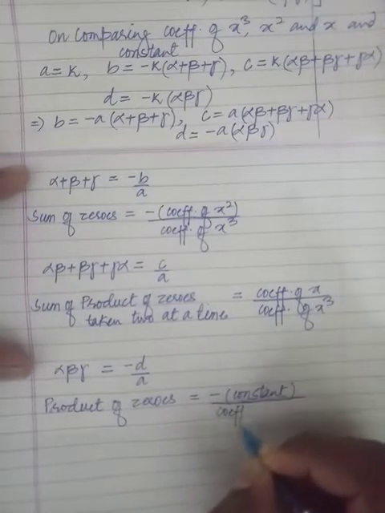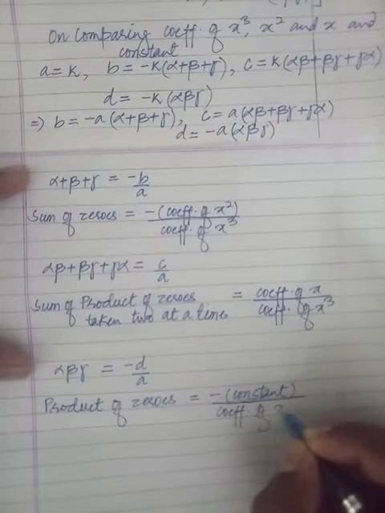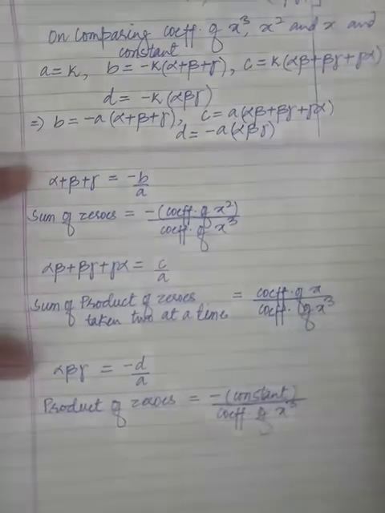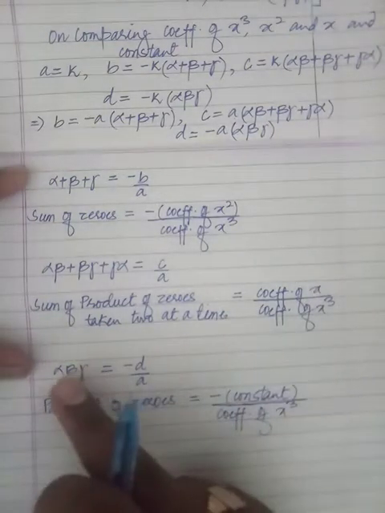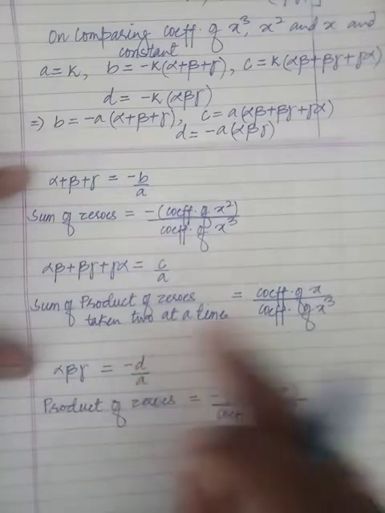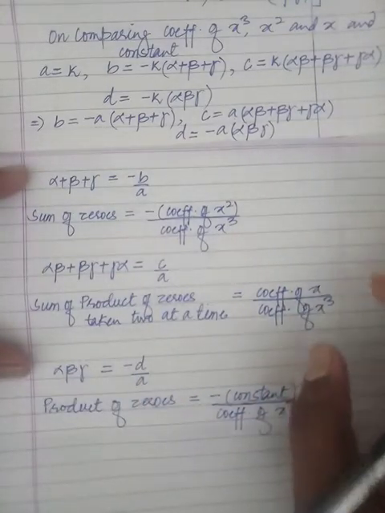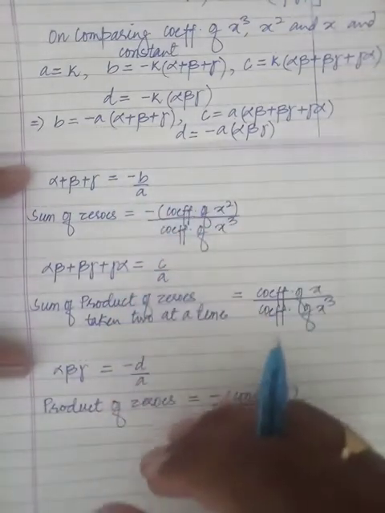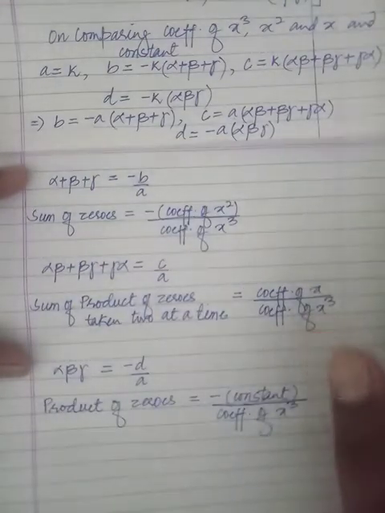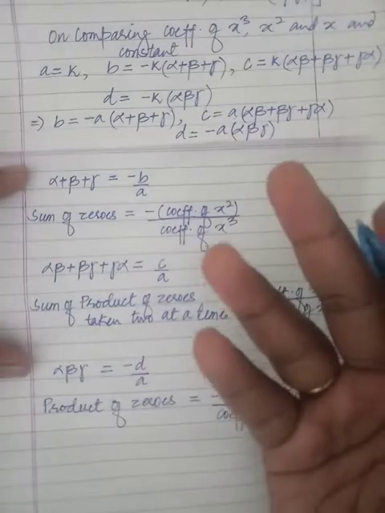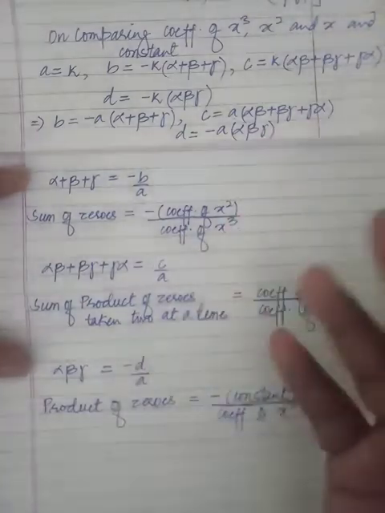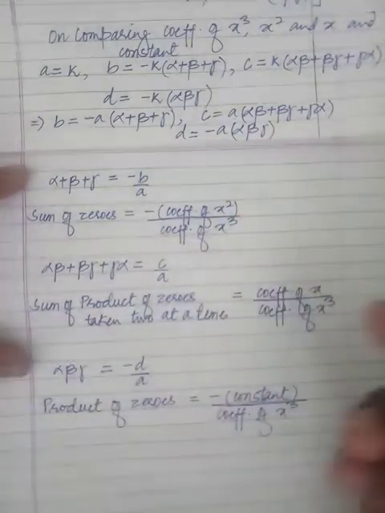Fine. So these three are the relationships between zeros and the coefficients of the cubic polynomial. I hope you understood how to calculate the relationship between the zeros and the coefficients. Simply you can see the derivation of the relationship which we calculated.